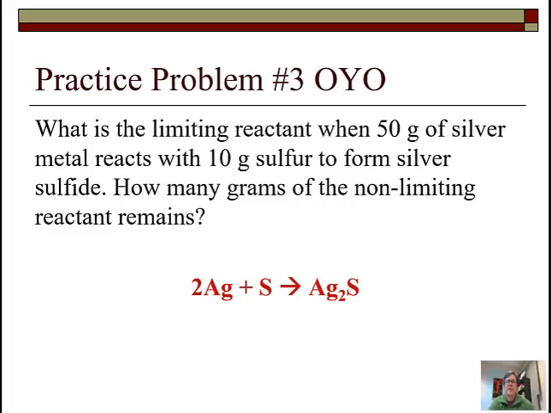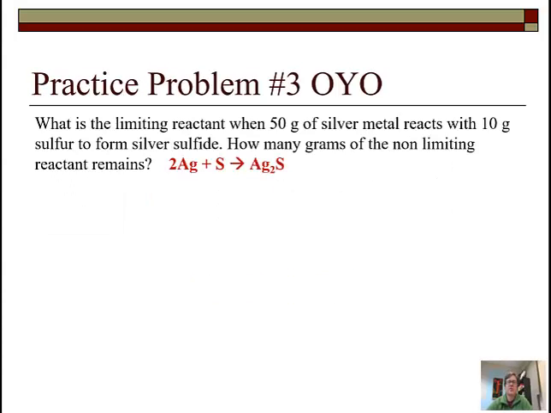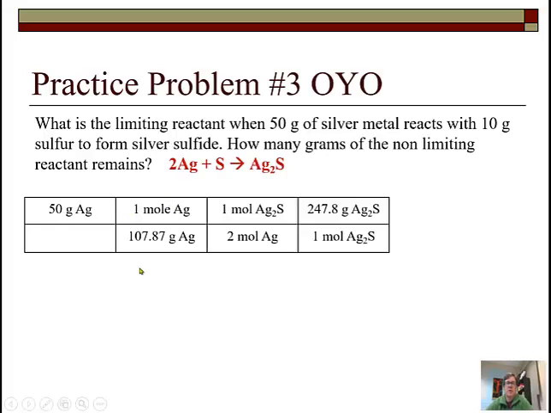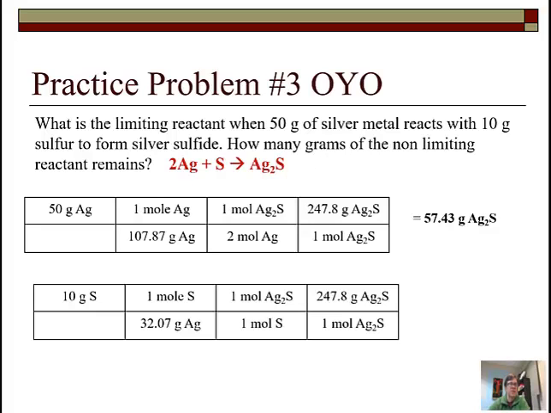And let's see, they give us grams, and they want to go to grams, so it's going to be 4-box stoich problems, okay? So the first time, we're going to start with 50 grams of silver. And there's our molar mass, there's our ratio, 1 silver sulfide to 2 silver, and we end up with 57.43 grams of silver sulfide. We're going to do the same thing, but starting with sulfur this time.